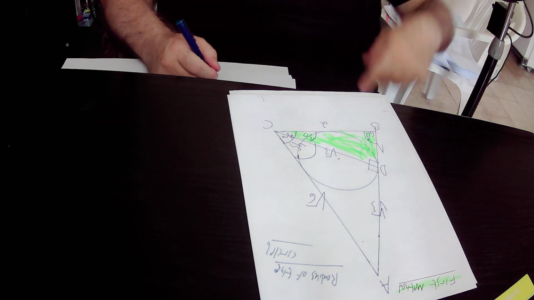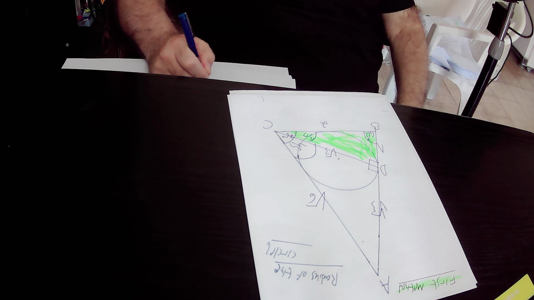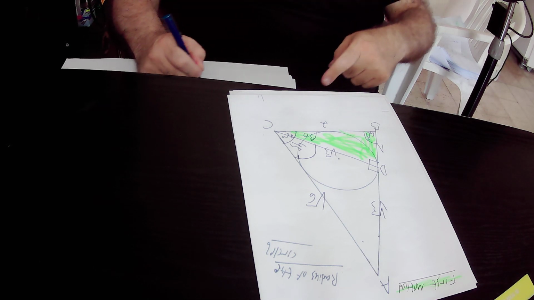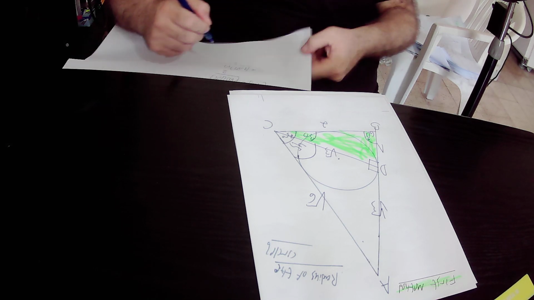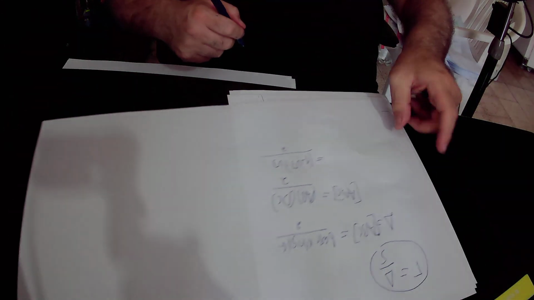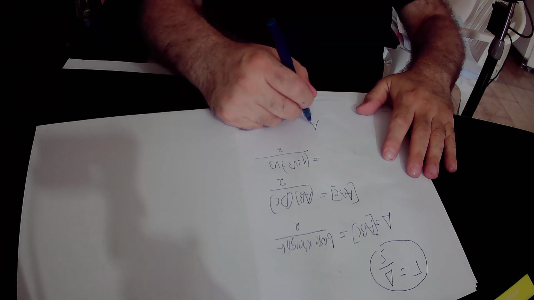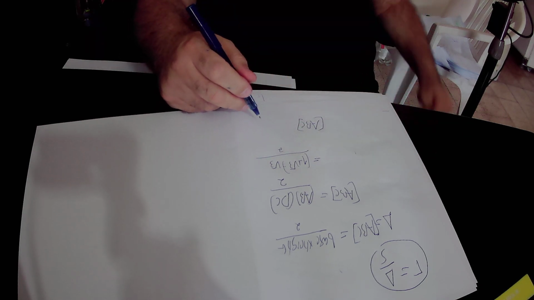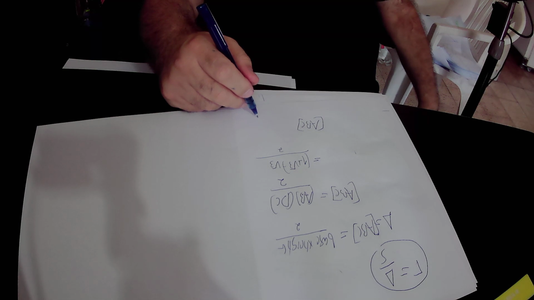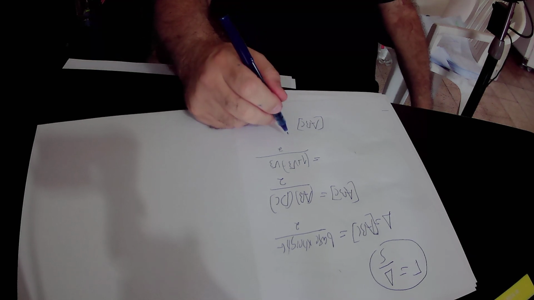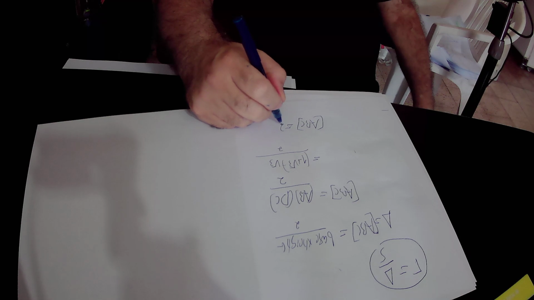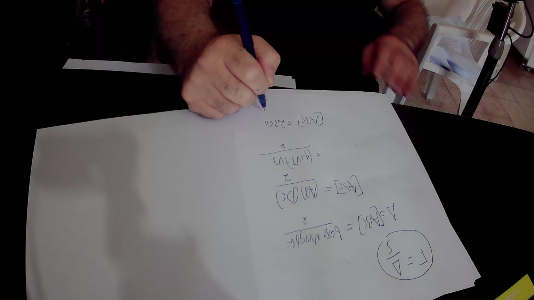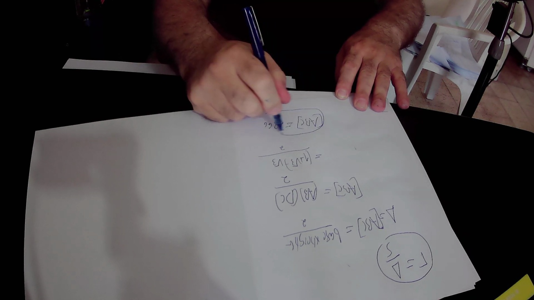The length is 1 plus square root of 3 times DC. DC is square root of 3 over 2. So in conclusion, we found out that the area of triangle ABC equals the value of this expression, and the value of this expression equals 2.366 square units. Okay, we found the area of triangle ABC.